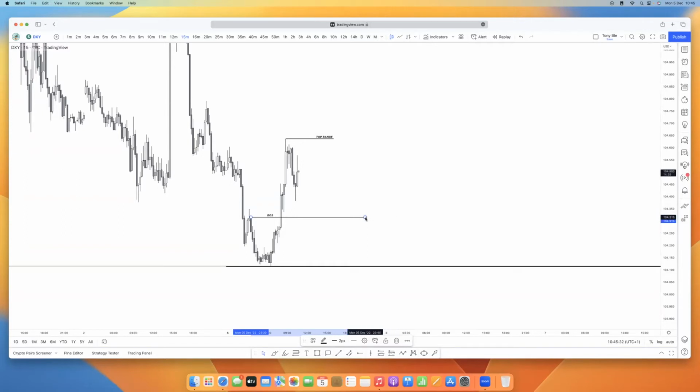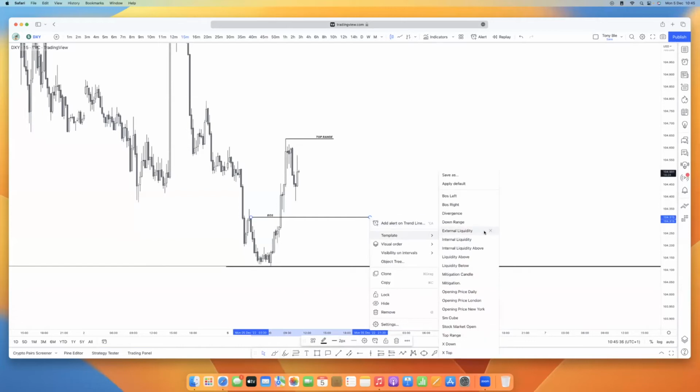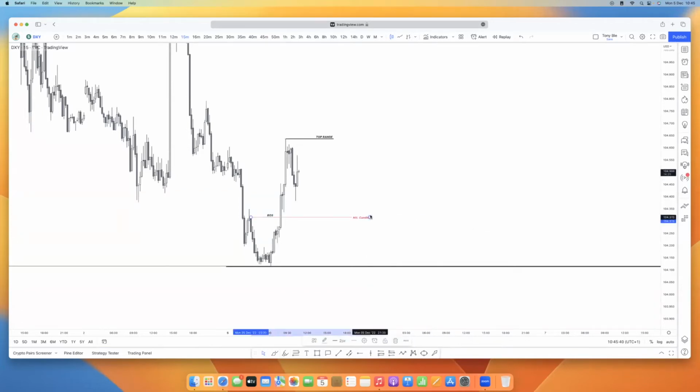So we have this maybe mitigation in this area, mitigation in this area. Yeah. And then we have this imbalance also in this area. Yep. Okay. So push down to then go up, right? And it's beginning to give us some kind of M. So something like that is what I'm anticipating for DXY.